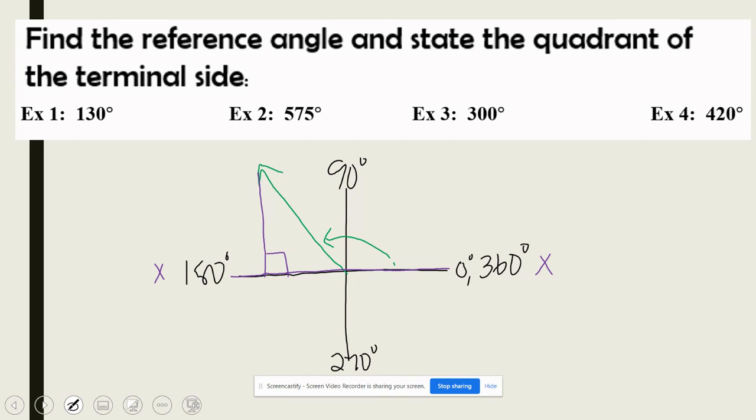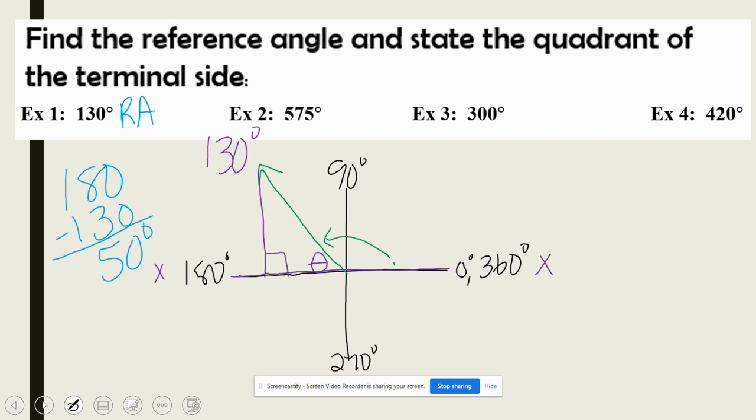The reference angle always has to be right here, touching the x-axis and the origin. And then to find that measure, I'm going to do 180 minus 130 to get 50 degrees. So the reference angle is 50 degrees.